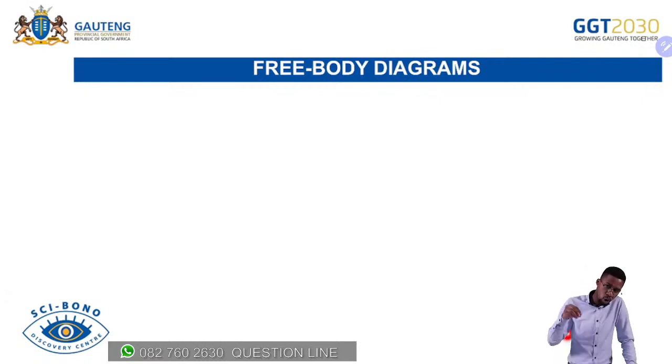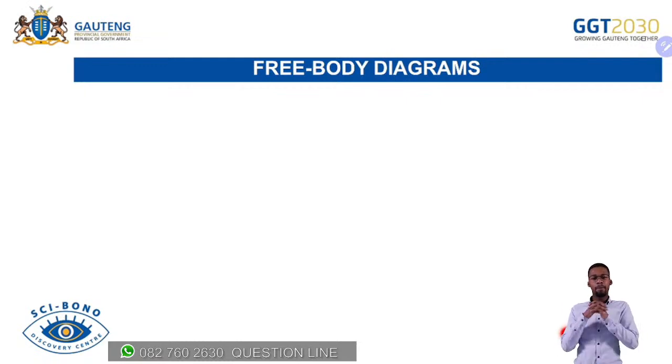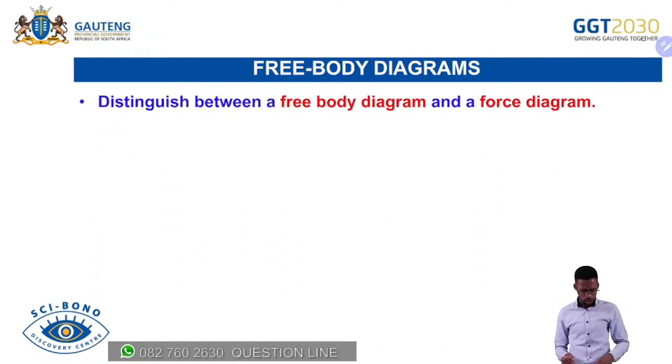So make sure that you draw a correct free body diagram. We cannot afford to lose a mark when it comes to a free body diagram. And a correct free body diagram influences the calculation. So there's a need for me to say this to you. You should be in a position to distinguish a free body diagram and a force diagram.